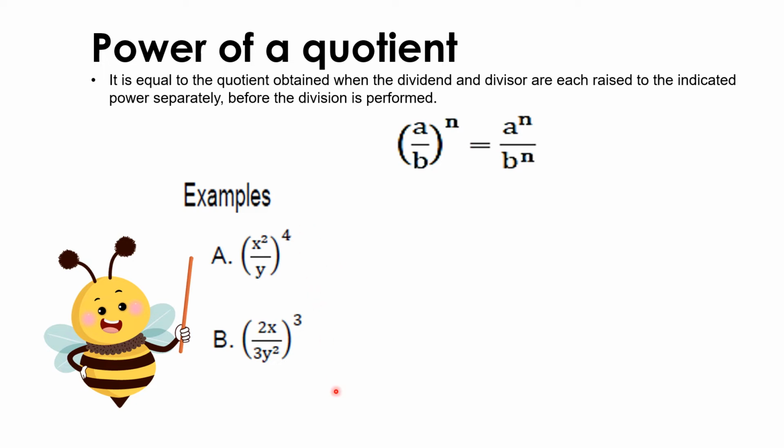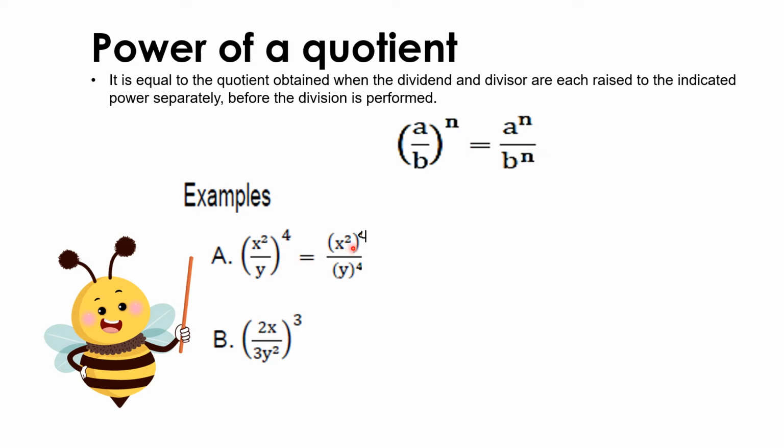So we have two examples here. To make it clear, let's have example number 1. We have x squared over y, raised to 4. So we distribute the exponent 4 outside the parenthesis to the numerator and the denominator.